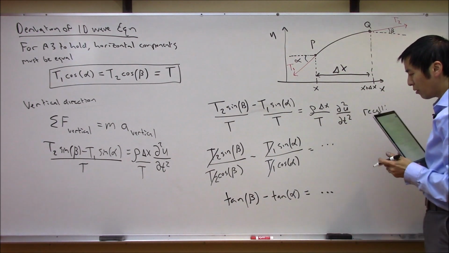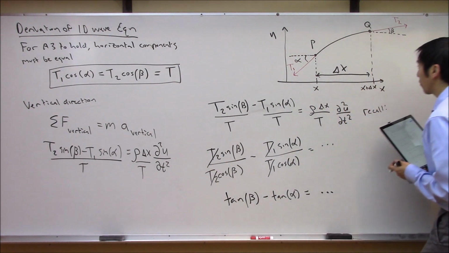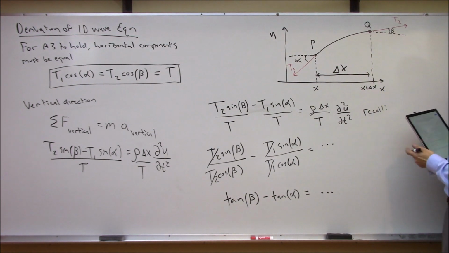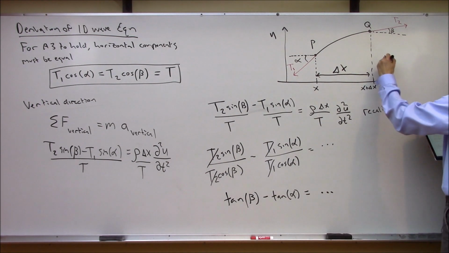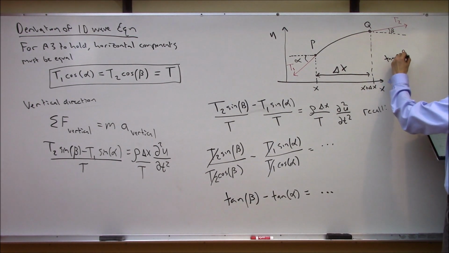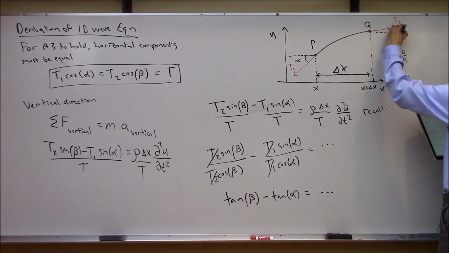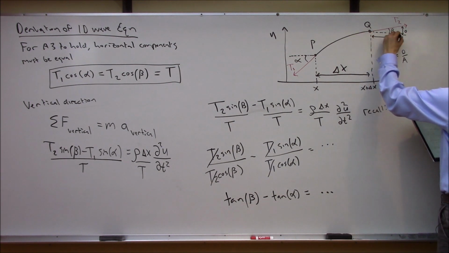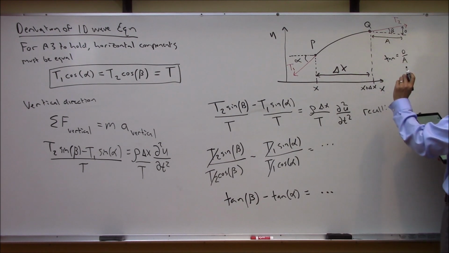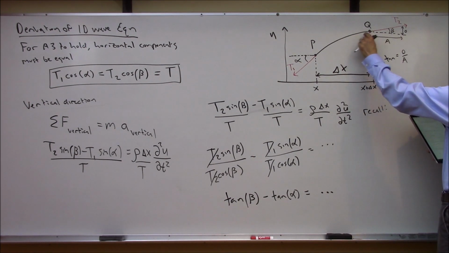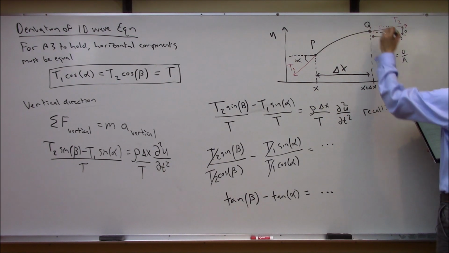Now let's look a little more closely at tangent beta and tangent alpha. Let's look at tangent beta first. Looking at the picture, tangent is opposite over adjacent. Here's the opposite, the height, and here's the adjacent. So tangent of beta is the same thing as the slope of this red arrow.